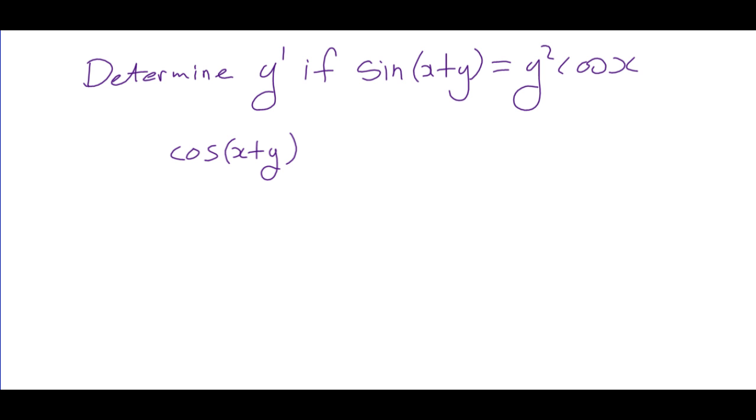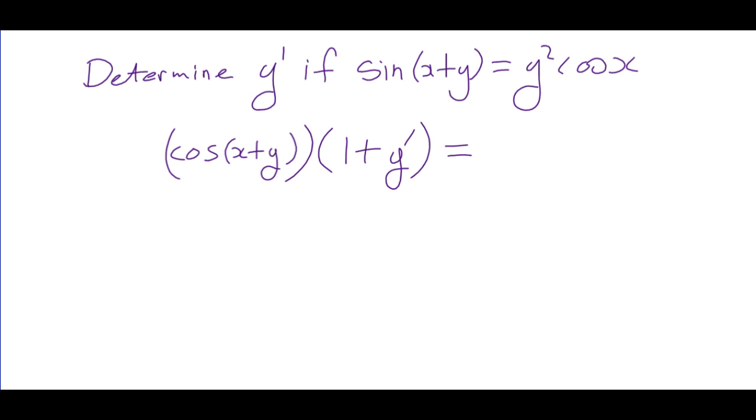So the derivative of this is the cosine of x plus y. Okay, derivative of sine is cos, so the derivative of whatever's in there, times the derivative of what is in there, which is 1 plus y prime. So the derivative with respect to x of x plus y is 1 plus y prime, just dy by dx, or y prime.